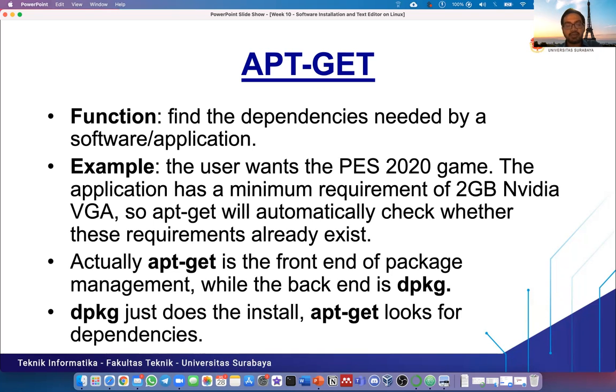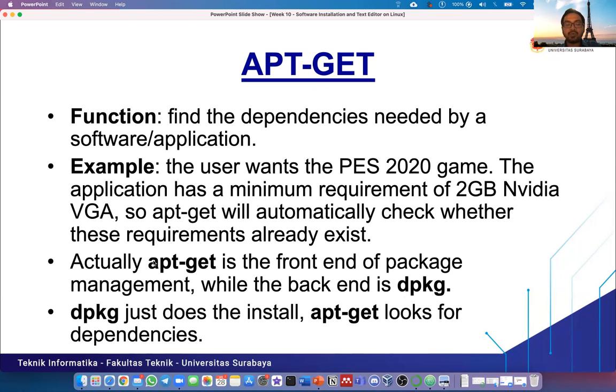Actually, apt-get is the front end of package management, while the back end is dpkg. apt-get is a command for checking the requirements, and the dpkg command is for installing the software in the Linux operating system.